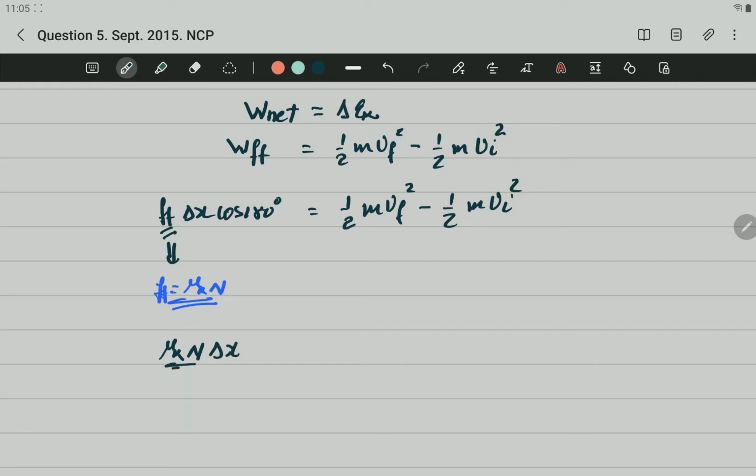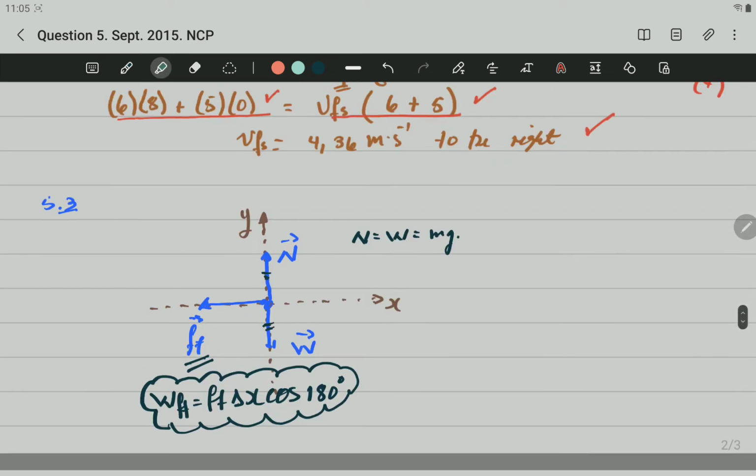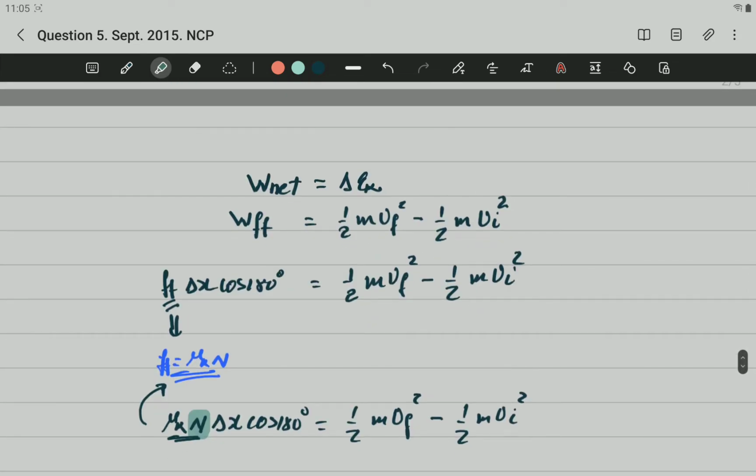Note, all this is just friction. You can see the formula multiplied by cosine of 180 degrees is equal to half mass final speed squared minus half mass initial speed squared. And normal, if you want, you can still substitute. It is here in the free body diagram. Normal is going to be equal to weight.